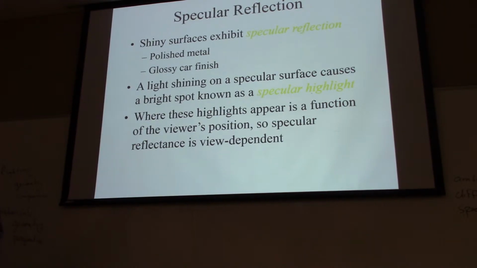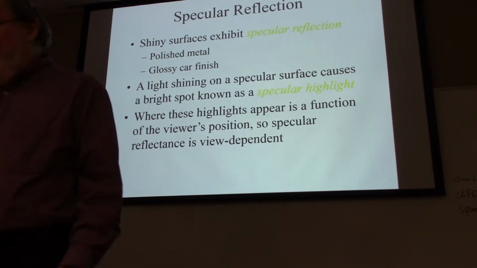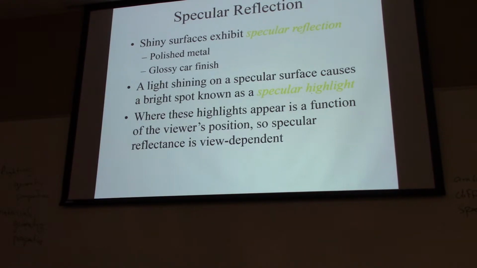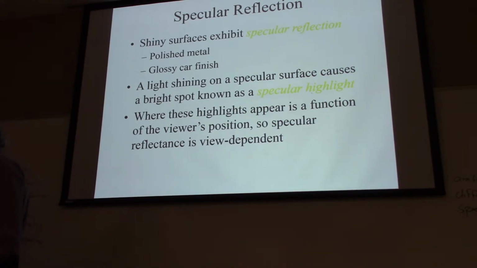So shining surfaces produce an effect known as a specular highlight. That is basically where the light is bouncing off the surface and into the observer's camera or eye, and you get a little shiny spot there that's the same color as the light source.